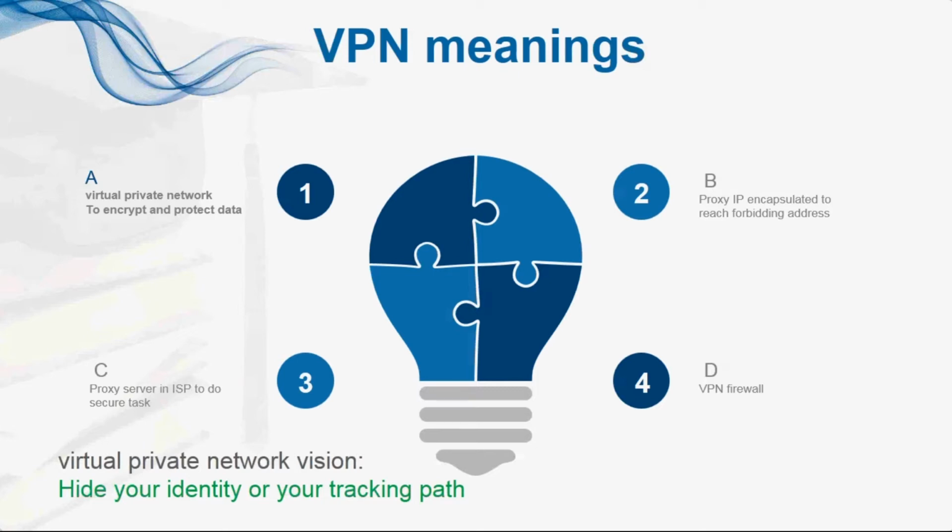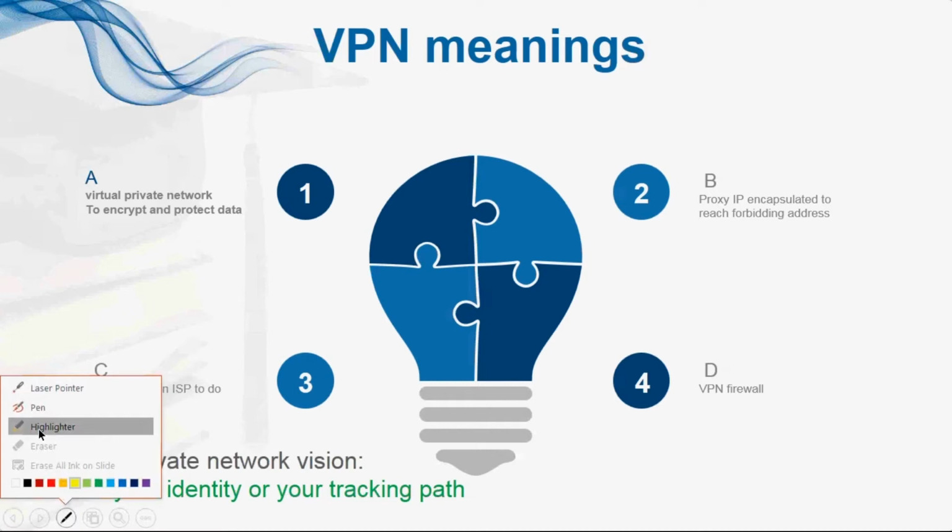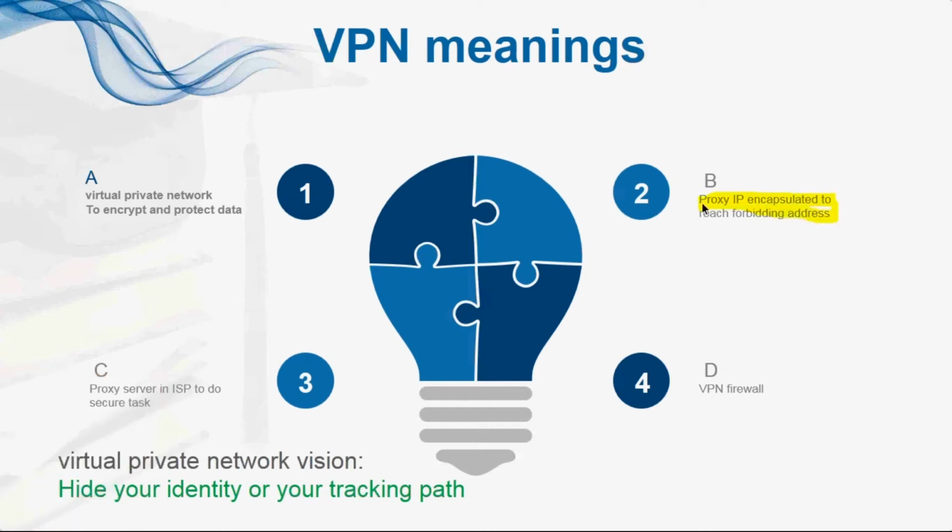Others use a proxy IP to encapsulate information, for example to search for forbidden addresses or forbidden websites. Others use a proxy server as VPN for the internet service. For example, internet service providers sometimes use a proxy server to ease the load on the main server of the system by giving it some tasks.